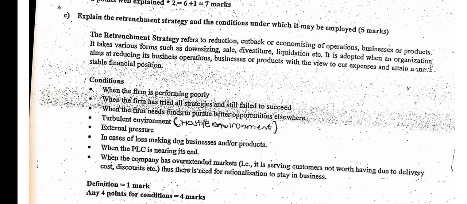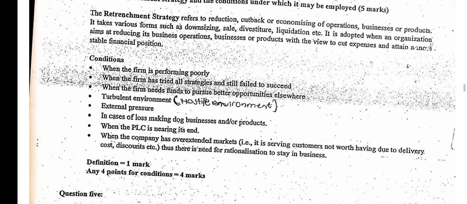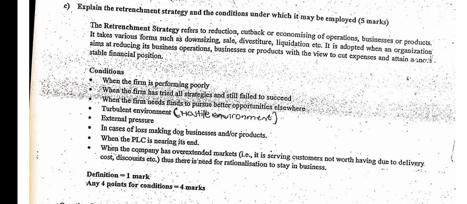Then explain the retrenchment strategy and the conditions under which it is employed. We also explained that in one of the videos under strategic choice. Retrenchment strategy is when you reduce the work of the organization, and you can have very many reasons for doing that. So the retrenchment strategy refers to the reduction, cutback, or economizing of operations, businesses, or products.